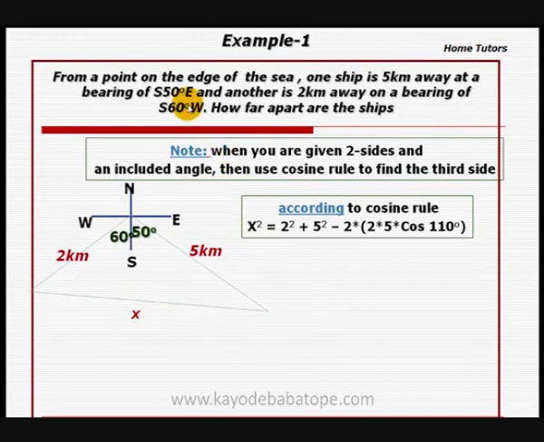What is the value of the included angle? In this triangle we are dealing with here, the included angle is 60 plus 50. That is 110 degrees. So, according to the cosine rule, x squared will be equal to 2 squared plus 5 squared minus 2 times 2 times 5 times cos 110.